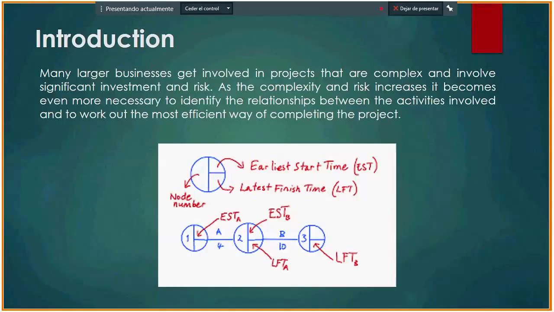Many larger businesses get involved in projects that are complex and involve significant investment and risks. As the complexity and risk increases, it becomes even more necessary to identify the relationships between the activities involved and to work out the most efficient way of completing the project.